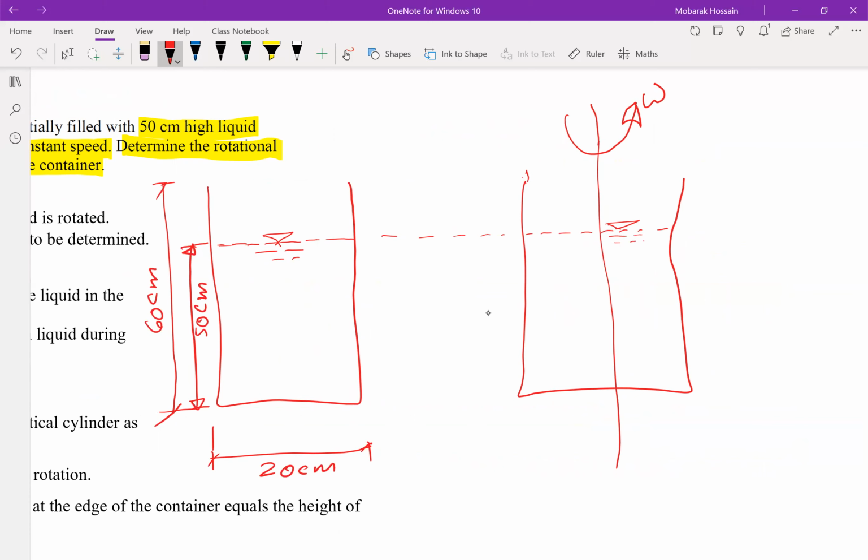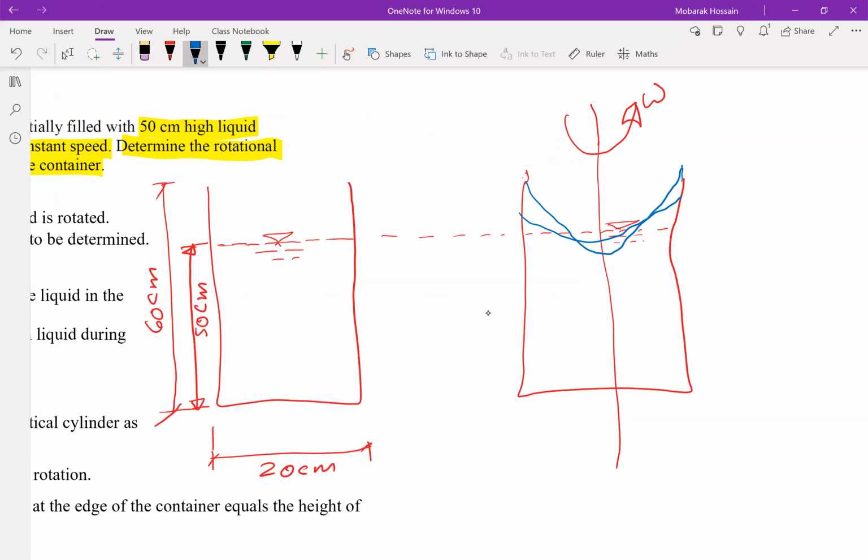When it starts to rotate and we increase the rotational speed gradually, your liquid will move like this, and if it is still increasing, the free surface will be like this shape.